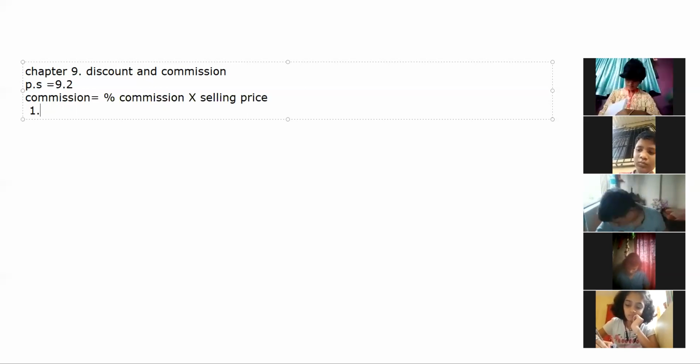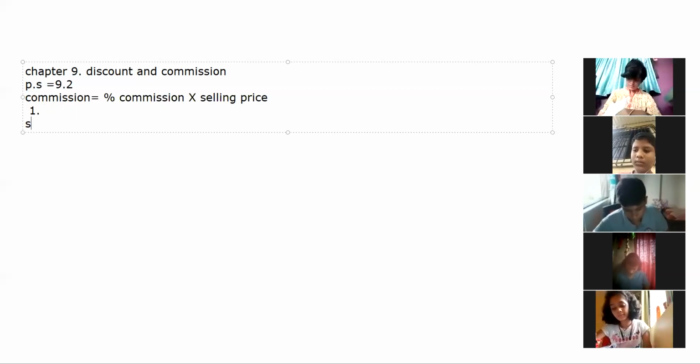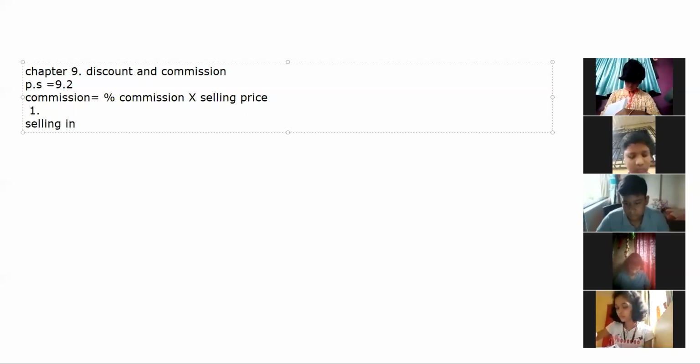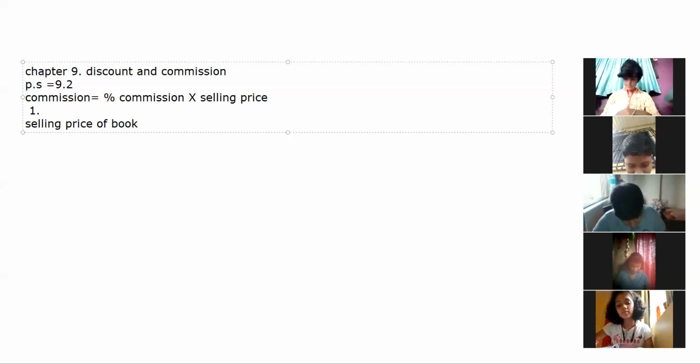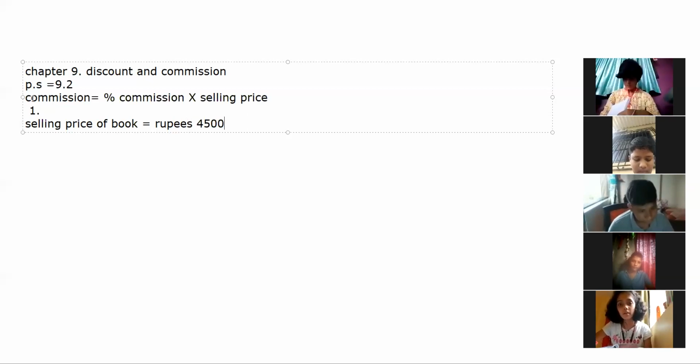In the first sum, they had told you to write the selling price. Selling price is clearly mentioned in the question. So selling price is rupees 4,500.